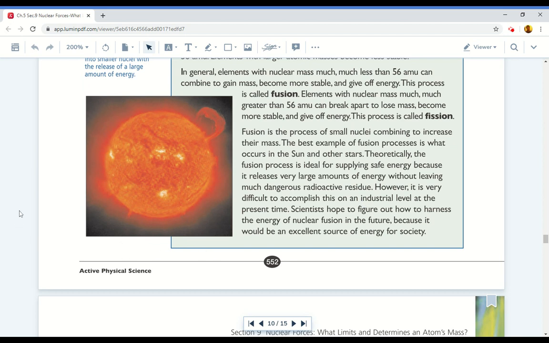However, it is very difficult to accomplish this on an industrial level at the present time. Scientists hope to figure out how to harness the energy of nuclear fusion in the future because it would be an excellent source of energy for society.